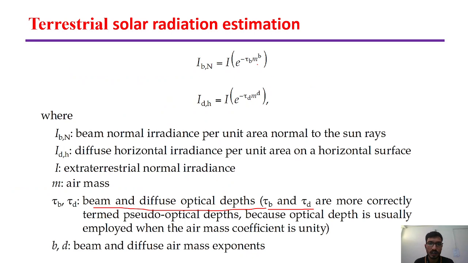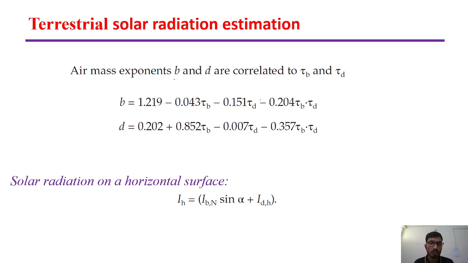Here we see the values of B and D, these are constants, and the air mass exponents E, B and D can be correlated with tau b and tau d. So finally, solar radiation on a horizontal surface will be the summation of beam normal radiation and diffuse radiation.